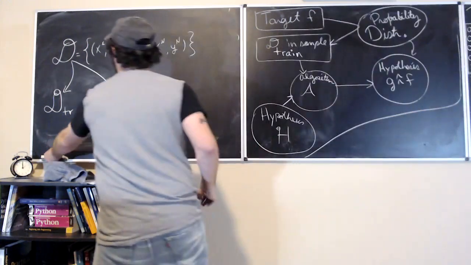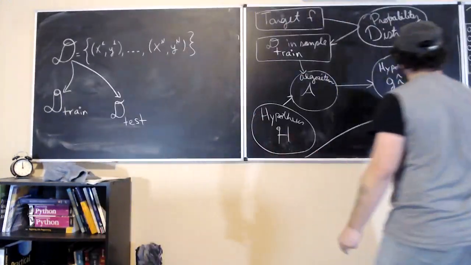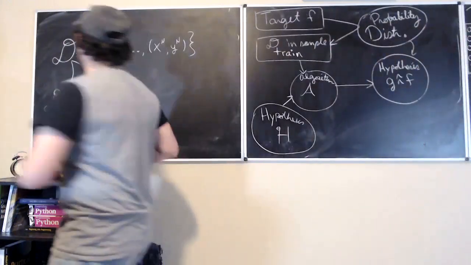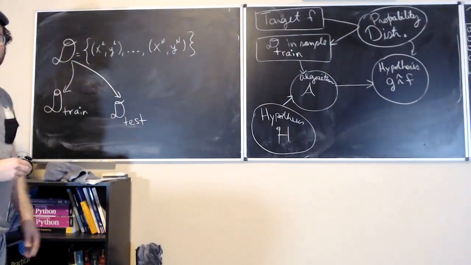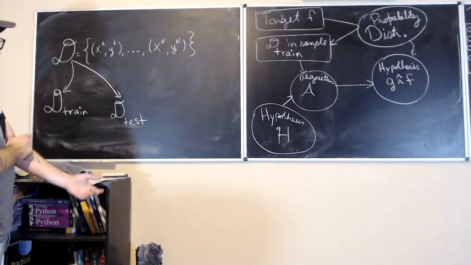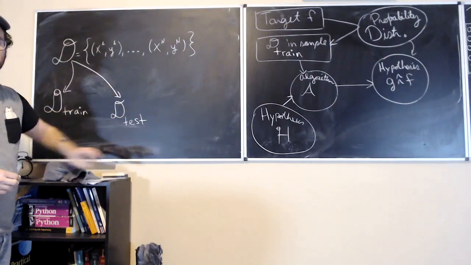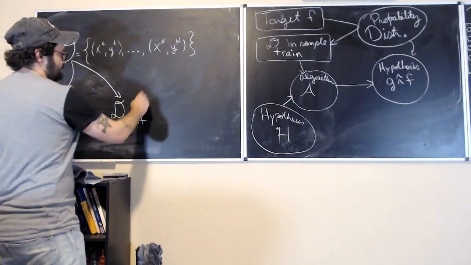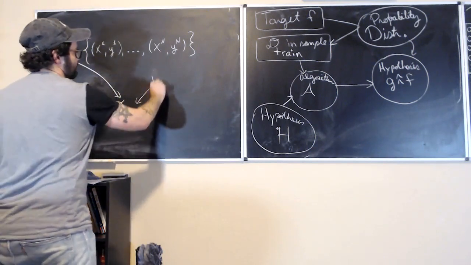Instead of using the full data set that we have, we're going to use some pieces of it, and we're going to leave this out. D-test, you can think of as like validation.